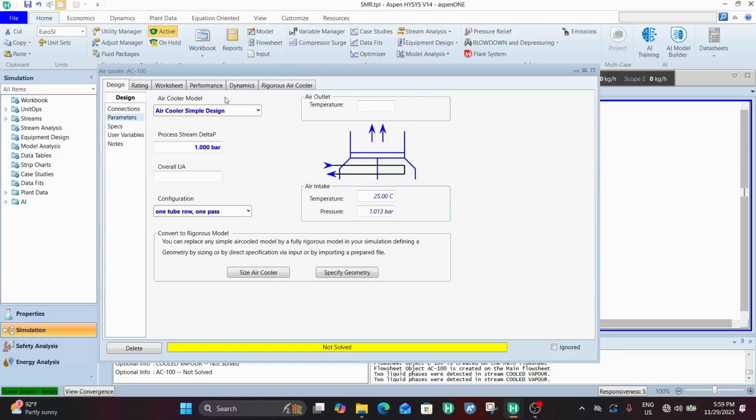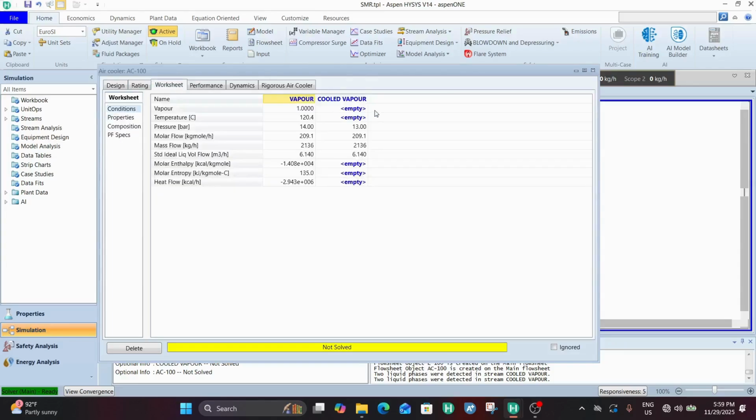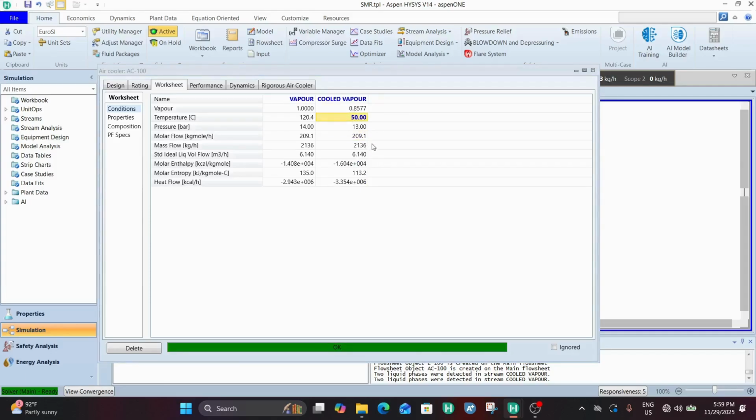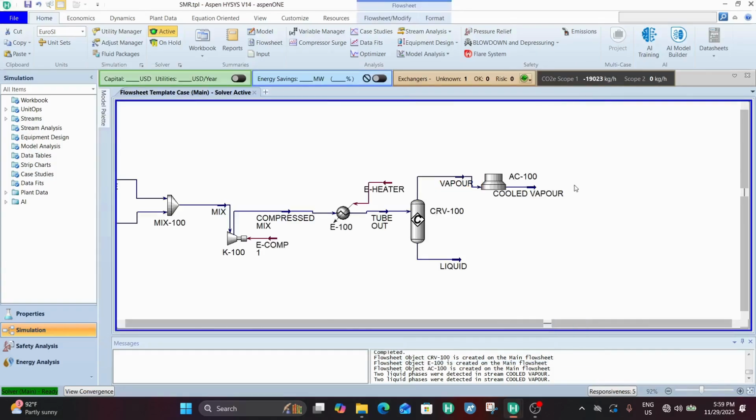You know what? Let's head to the worksheet and specify this. Let's give it 50 Celsius here. Alright, that worked. Let's give it 20. Temperature cross. 30. That works. So let's put it on 35. That's good enough. Good.